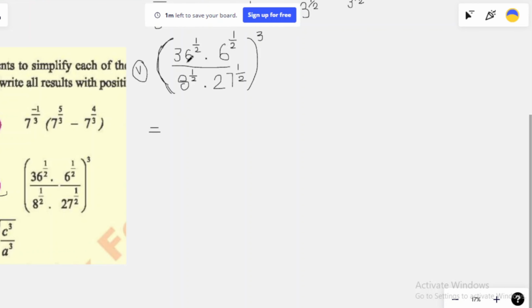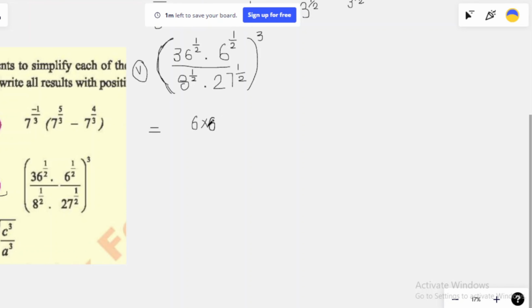So we have 36 raised to the power 1 over 2, and this is 6 raised to the power 1 over 2. Now both have different bases, and they're being multiplied, so we cannot actually add them. So what we can do here is simplify each of the exponents. 36 raised to the power 1 by 2 means the square root of 36, and the square root of any number means we look for a number which is multiplied with itself to give 36, and that number is 6, because 6 times 6 is 36.